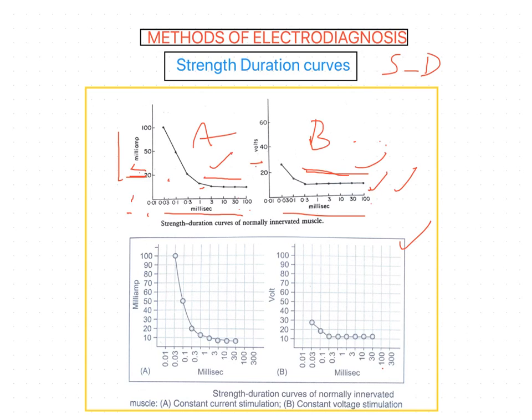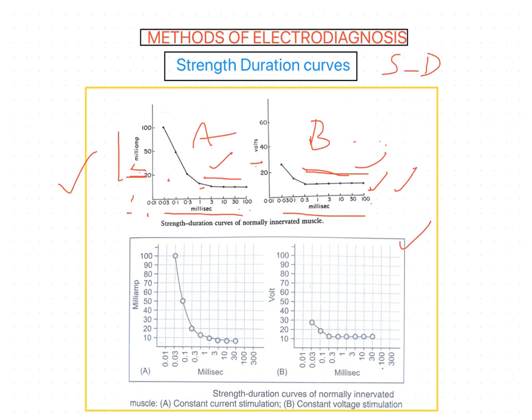One is the normal innervation. Here we are seeing the graphs of normal innervation. When all the nerve fibers supplying the muscle are intact, the curve obtained has a characteristic shape, which is seen in these pictures.